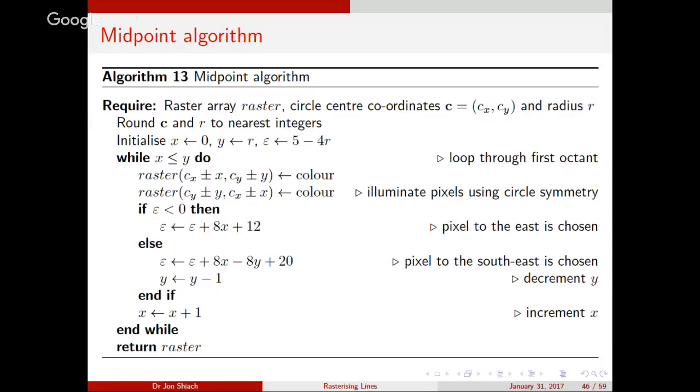When we update it, we add 8x minus 8y plus 20. So we add 8 times x, now x is 2, minus 8 times y, y is 9, plus 20, which is minus 35.